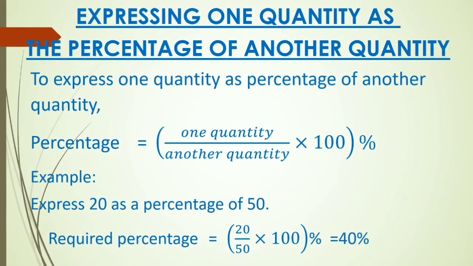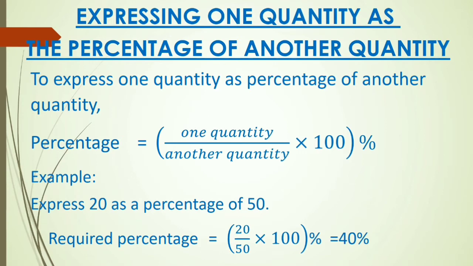Now, expressing one quantity as the percentage of another quantity. To express one quantity as a percentage of another quantity, we can use the following formula. Percentage is equal to one quantity divided by another quantity into 100. And what we obtain is a percentage, therefore we have to put the percentage symbol. Here we can understand it through this example. Express 20 as a percentage of 50. So here it is very clear that we have 20 parts out of total 50 parts.